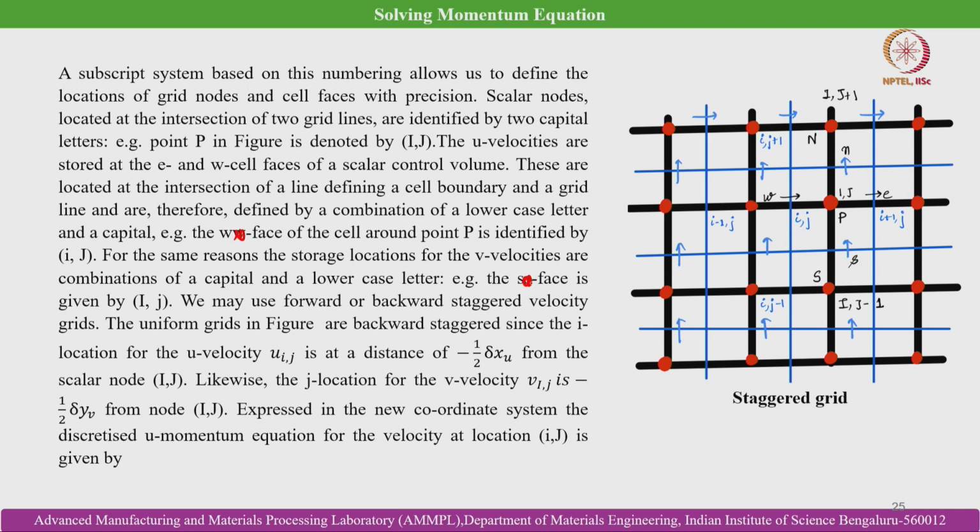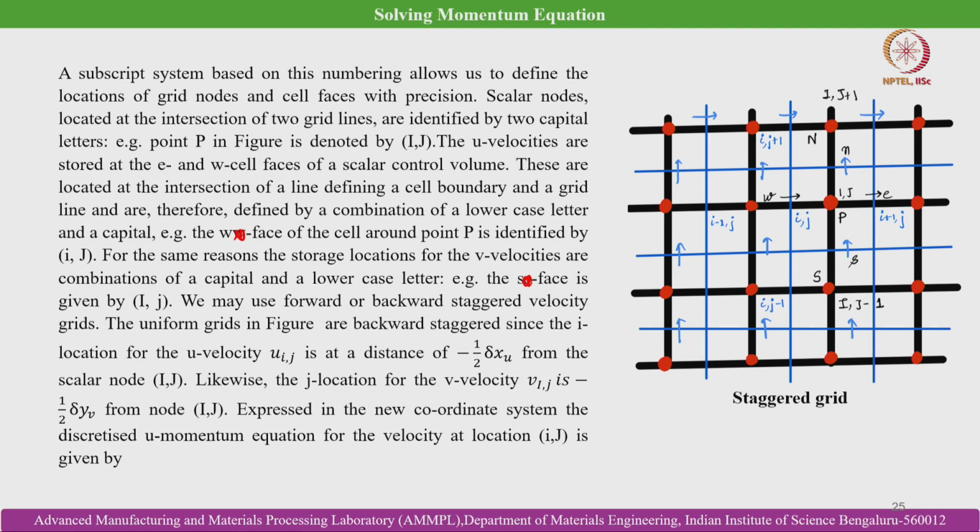The uniform grids in the figure are backward staggered, since the i location for the u velocity u i j is at a distance of minus half delta x u from the scalar node capital I J, that is P. Likewise, the j location for the v velocity v i j is minus half delta y v.